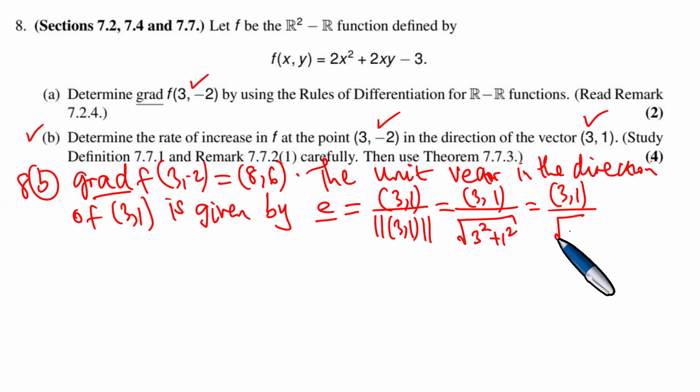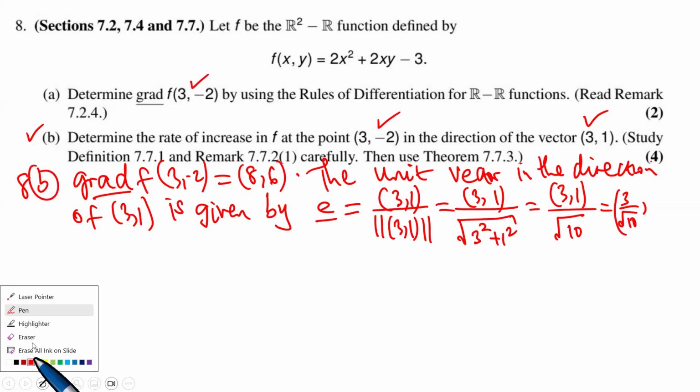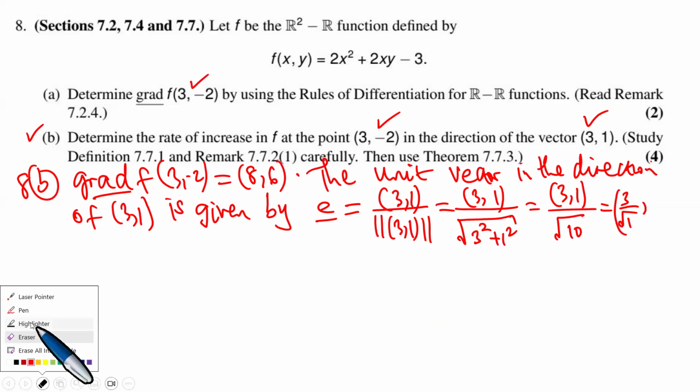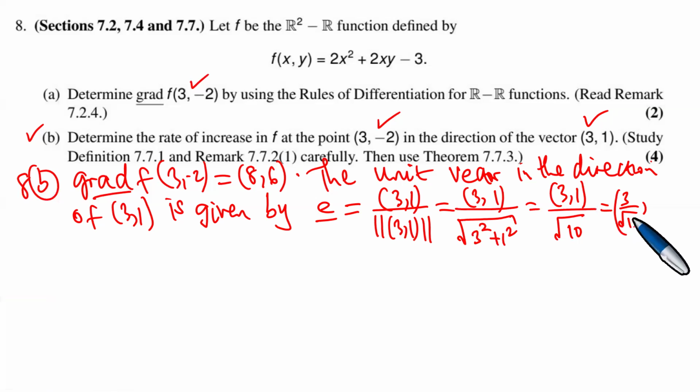So 3 and 1 divided by the square root of 10. That is 3 over the square root of 10, and 1 over the square root of 10.